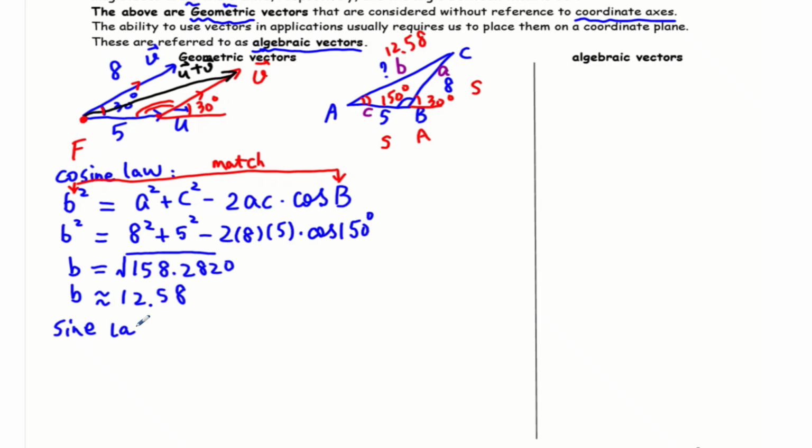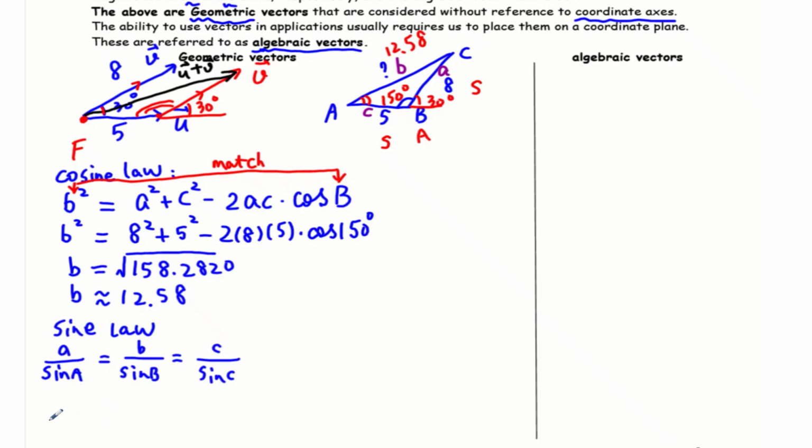So sine law, I copy that: a over sine A equals b over sine B equals c over sine C. You could flip each of them, but if we use cross multiply, it doesn't matter. You use a over sine A or sine A over a.